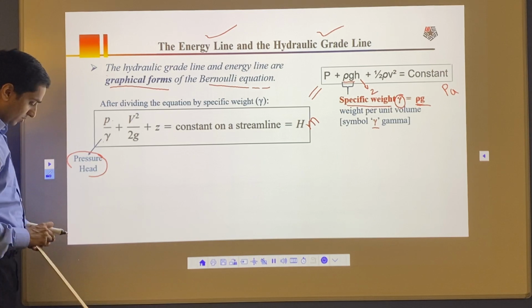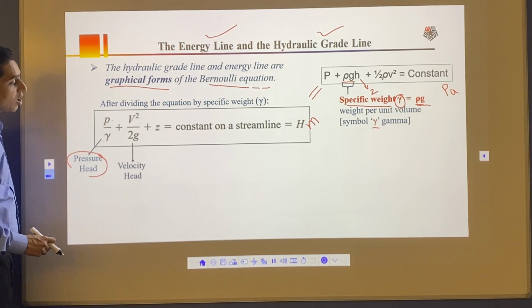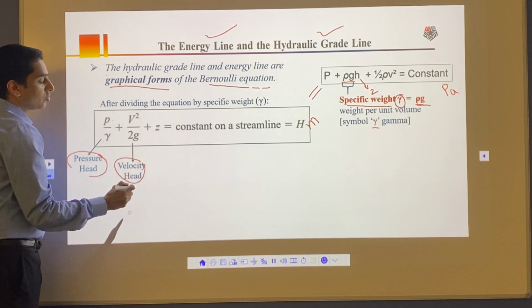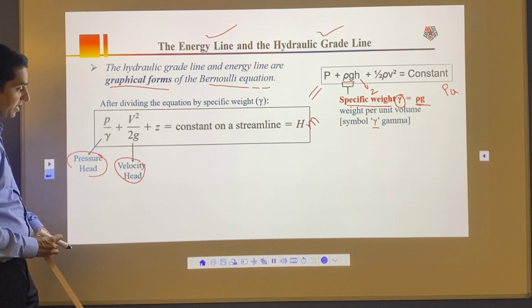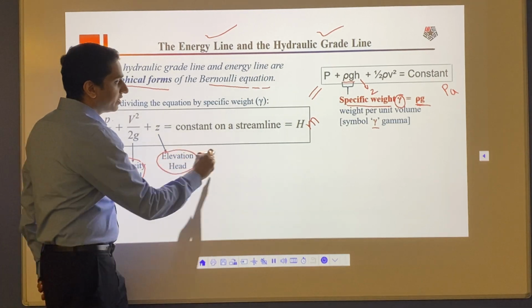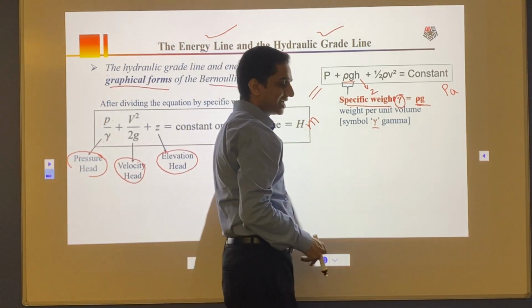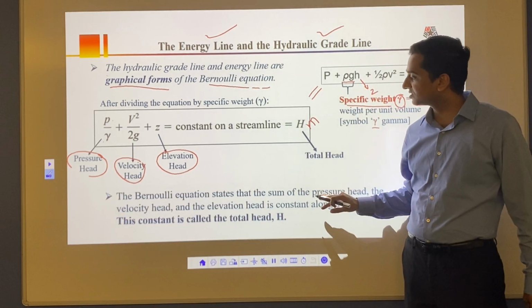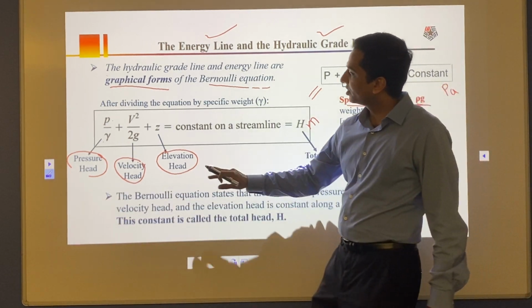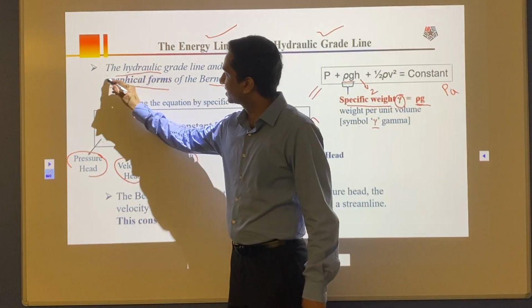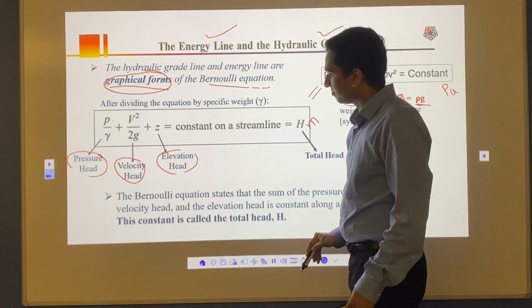This one I'm going to call the velocity head, that's head due to velocity, and this one I'm going to call the elevation head due to its elevation, and collectively, whatever the head is, I'm going to call it the total head. So total head always remains constant, and that's the form that I'm going to use for Bernoulli's equation to understand this graphical form.